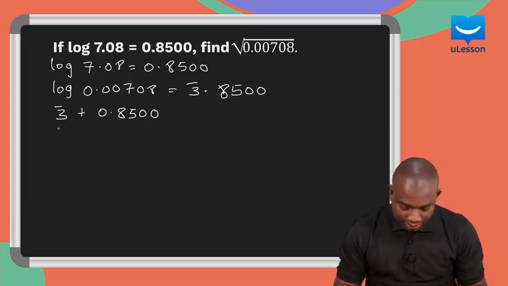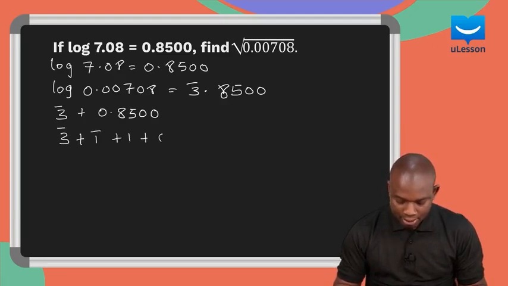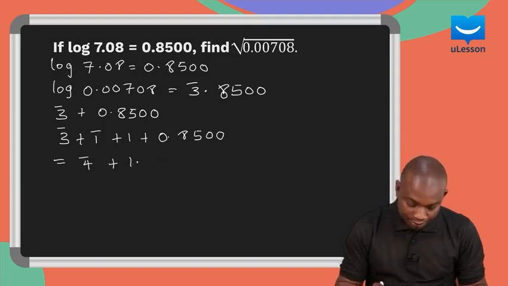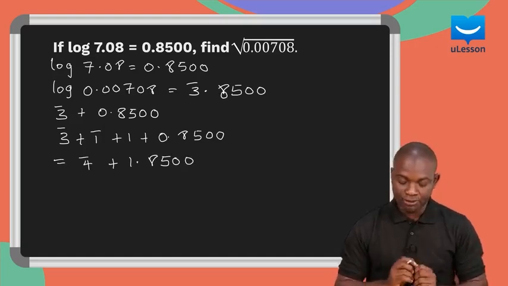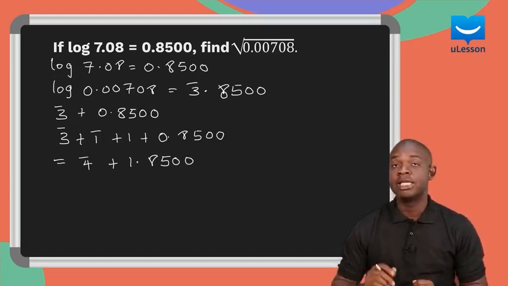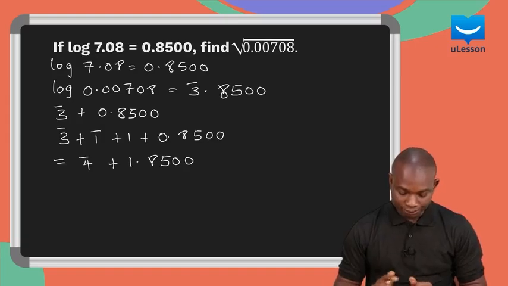So this number becomes bar 3 plus bar 1 plus 1 plus 0.8500. And this then becomes bar 4 plus 1.8500. So we divide bar 4 by 2, and we also divide 1.8500 by 2.